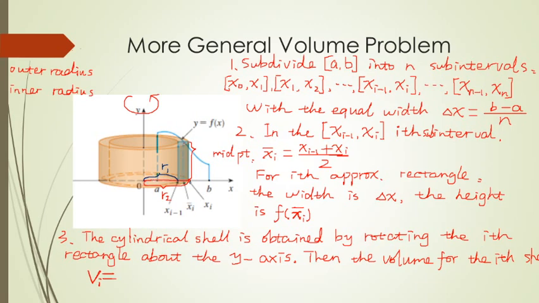What is R1, the inner radius? Actually, the inner radius is the left endpoint of the ith subinterval. So the outer radius R2 equals the right endpoint xi. The inner radius will be the left endpoint xi minus 1, right?